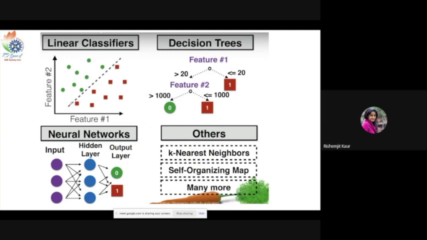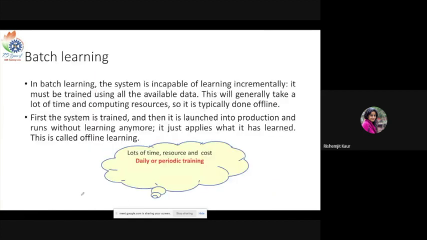For example, the linear one tries to separate the two classes linearly. Then there are decision trees, which try to come up with a rule-based tree hierarchy, where it looks at the value of certain features. If it is greater than 20, then this will be the decision. If it is less than 20, this will be the decision. Similarly, neural networks and the other algorithms.